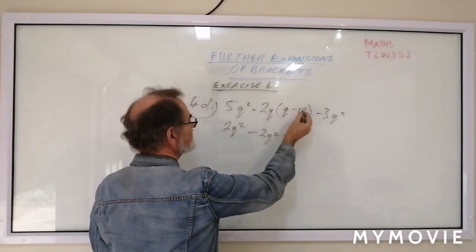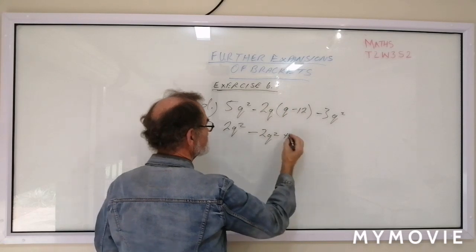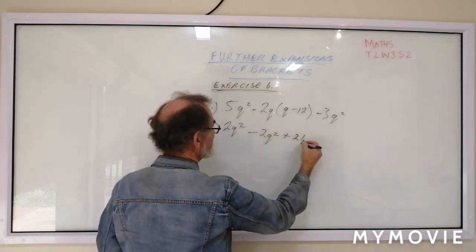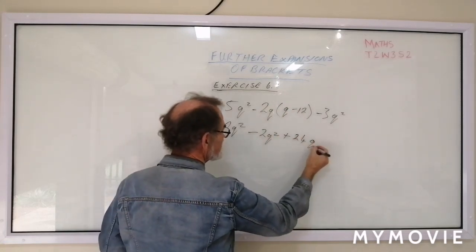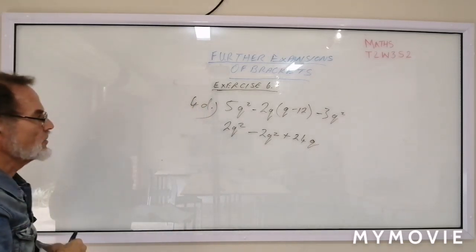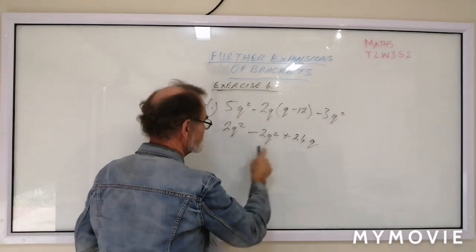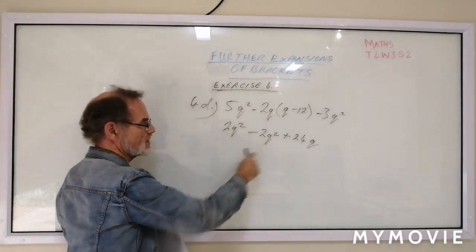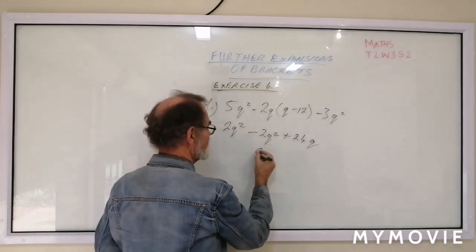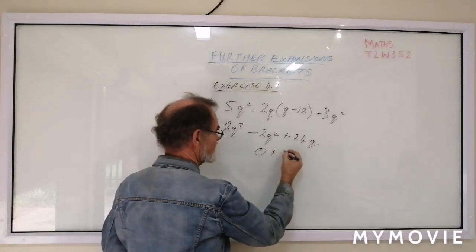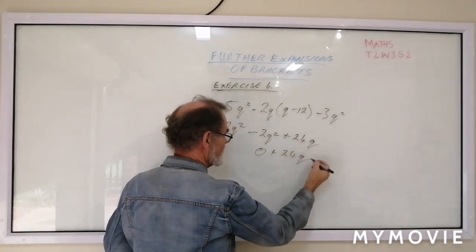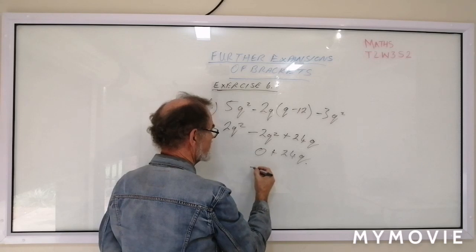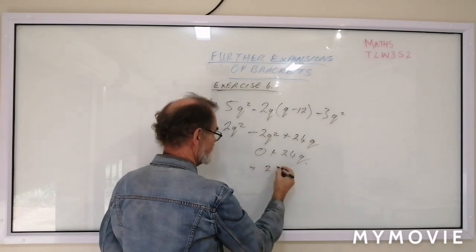And 2q times 12, we multiply 2 times 12 is 24, and the q, we just carry on. Now we can subtract these two. But 2q squared minus 2q squared is the same thing minus the same thing, that is 0. And this is plus 24q. So our answer is 24q.